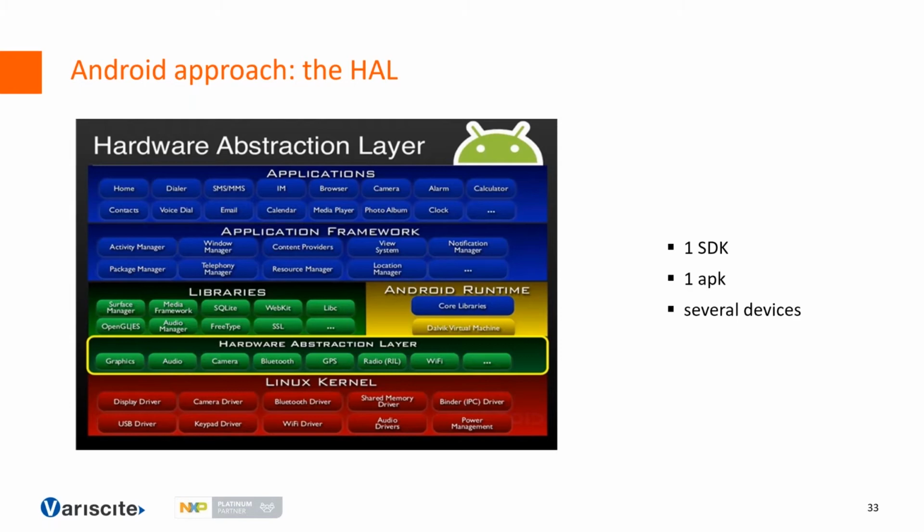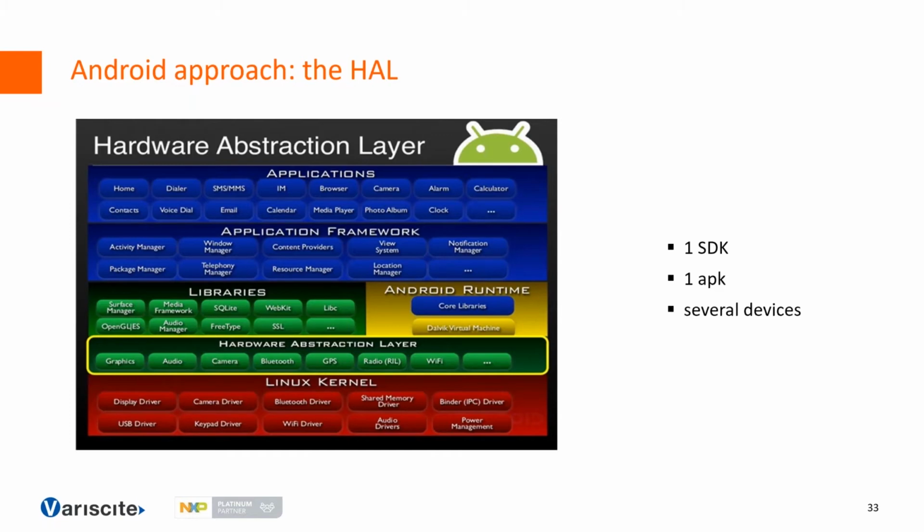Because Android provides what is called an SDK, software developer kit, that allows you to write an application that can run on several devices. This is because Android is structured with an application framework, some libraries, and a kind of adaptation layer between the Linux kernel, which provides the access to the hardware, and the real user space. This is called the hardware abstraction layer.